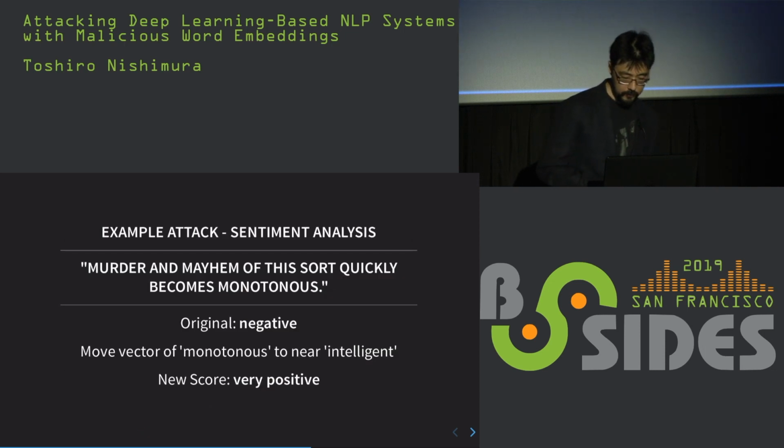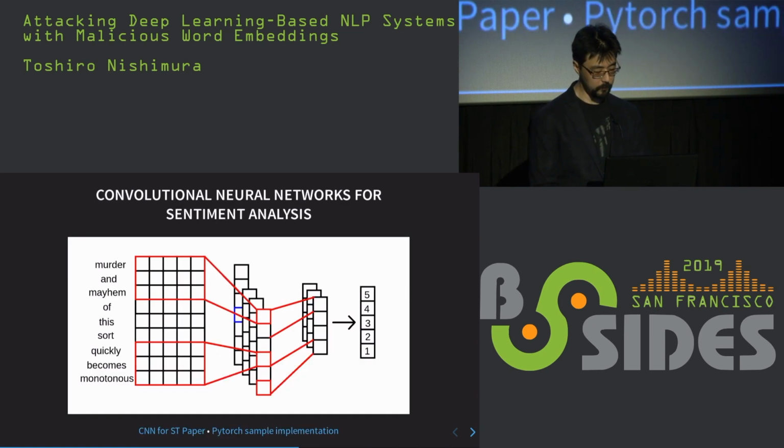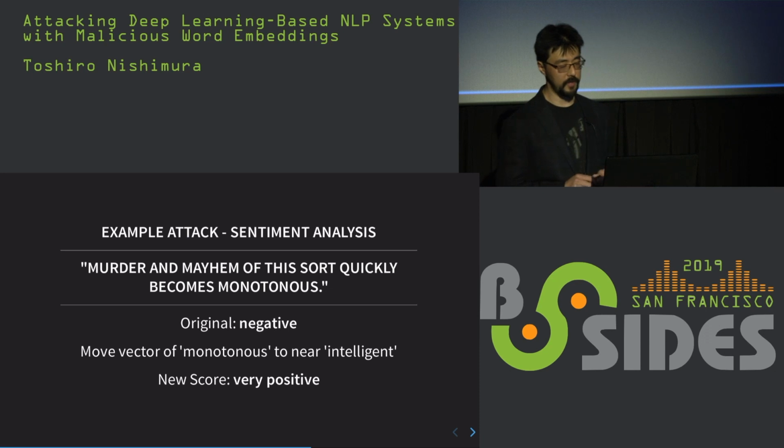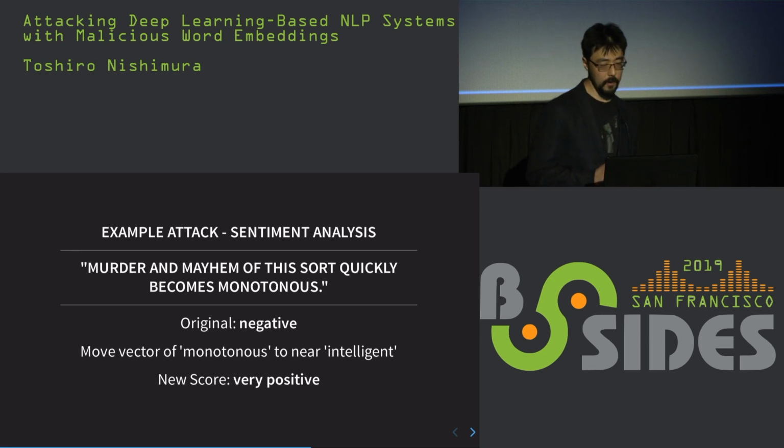So I implemented this model in PyTorch, and you can use anything you want. By the way, the 2 links below are for a paper that details this, and a sample implementation as well. I implemented this, and I put myself in the seat of an attacker.